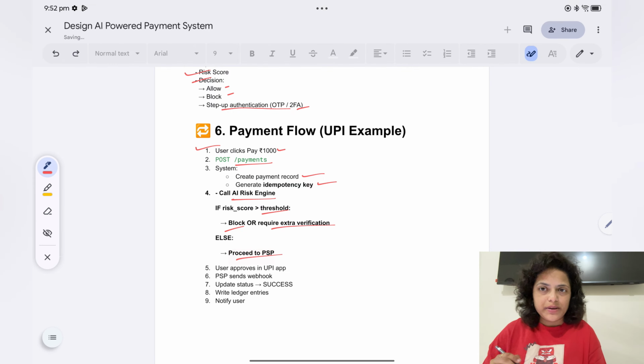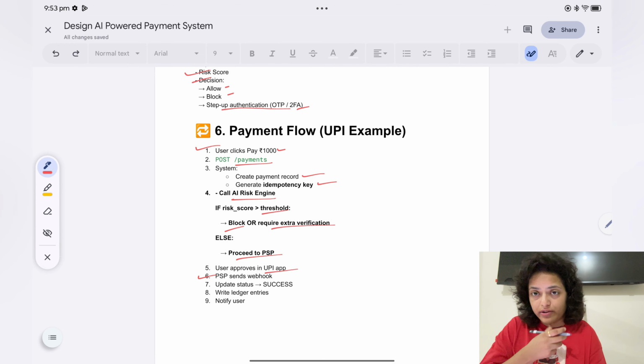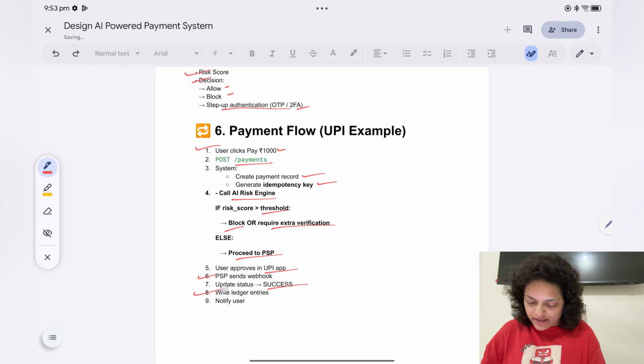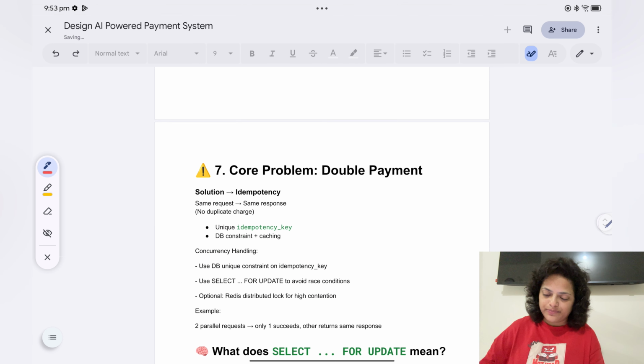Otherwise it will proceed to the PSP. Now the user approves in the UPI app, and then the PSP sends a webhook. Once it is completed, the PSP will send webhooks with the status of your request. So here the status is updated to successful, and then ledger entries are written and the user is notified. Here the ledger is very important.